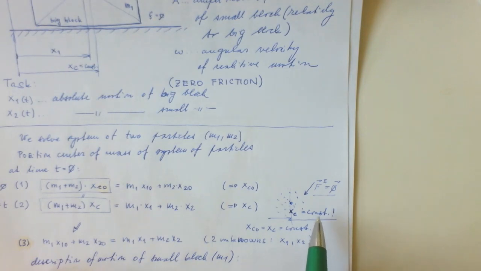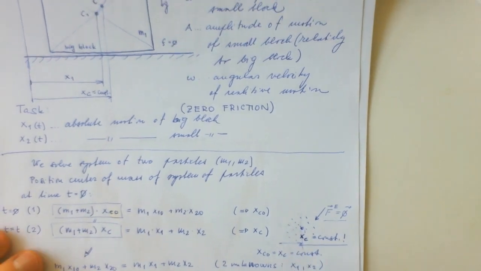It's a law of motion of center of mass of a system of particles, and it says that if there is no external force, even if elements of the system are moving, the center of mass stays at the same position, so it's constant, even if there is motion of these particles.